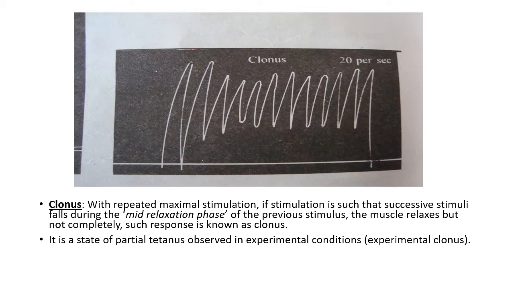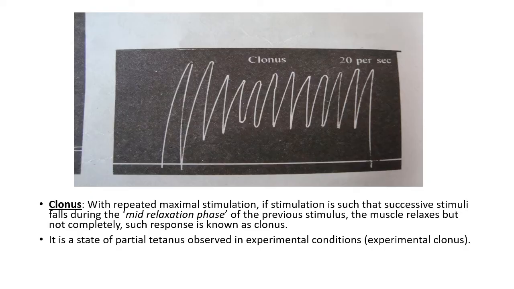Now, this graph shows clonus. What is clonus? With repeated maximal stimulation, if stimulation is such that successive stimuli fall during the mid-relaxation phase of the previous stimulus, the muscle relaxes but not completely. Such response is known as clonus. Again, successive stimuli fall during the mid-relaxation phase of the previous stimulation.